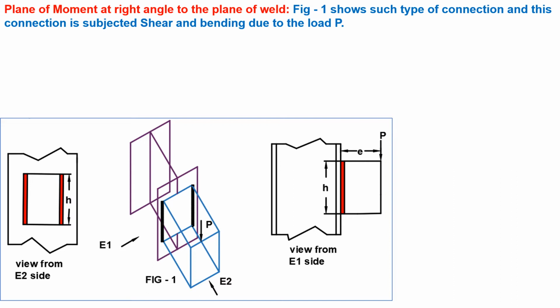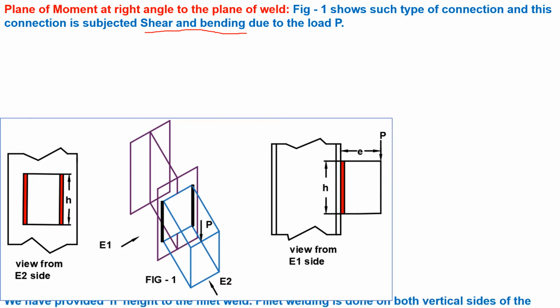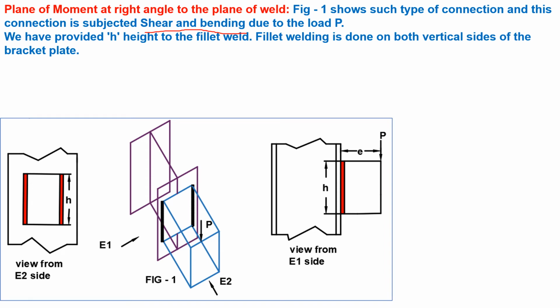and this connection is subjected to shear and bending due to the load P. Remember that this connection is subjected to shear and bending. We have provided H, the height of the fillet weld.